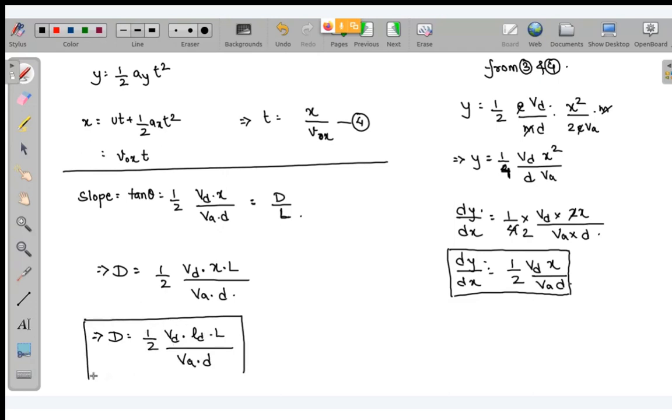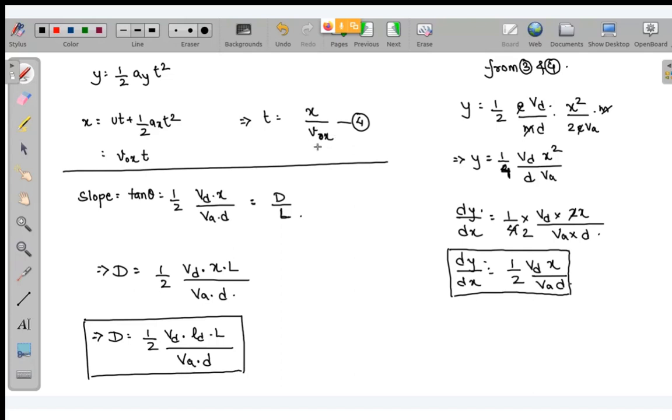This is very important because it has been asked a lot of times in your examination. Tell me, is this clear? Now, this whole equation we can also write in terms of vox.